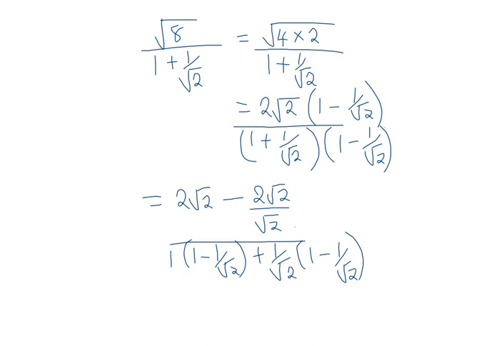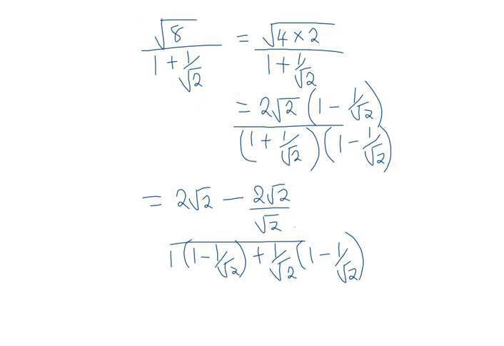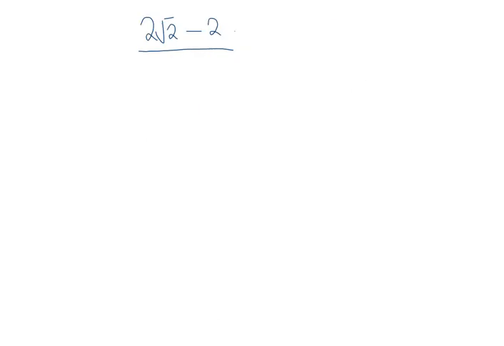So these can be simplified as 2 root 2 minus 2 over, we have 1 into 1 minus 1 over root 2 plus 1 over root 2 into 1 minus 1 over root 2.